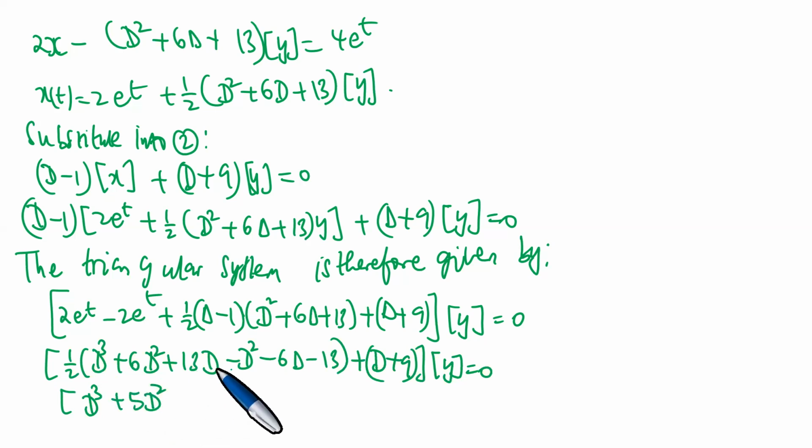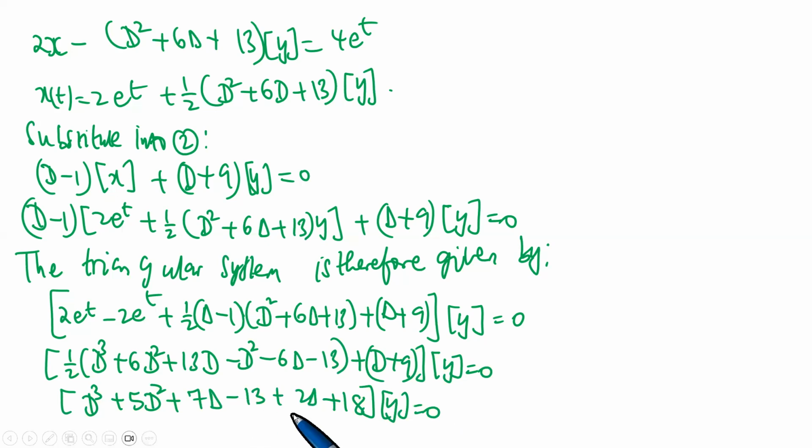Then the 13 minus that is going to be a 7d, and then minus 13. And then now you multiply by 2. Like so. Okay, and then we continue.